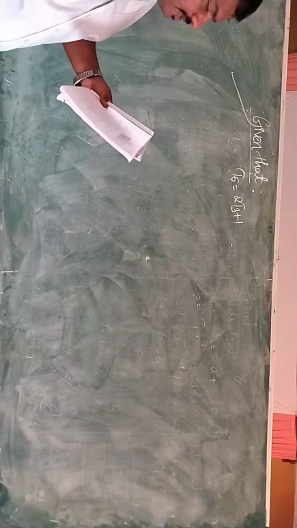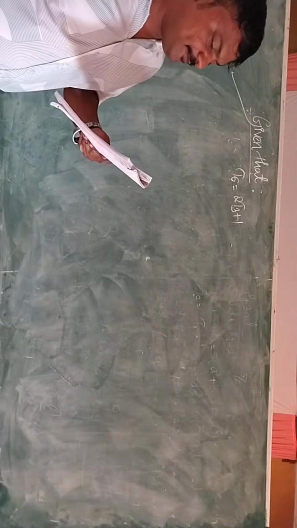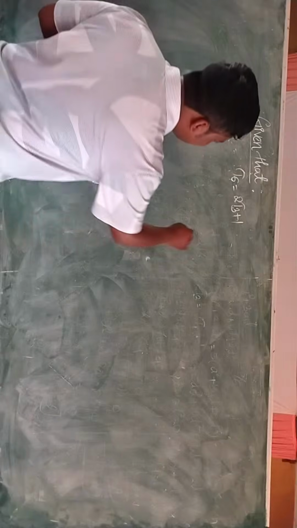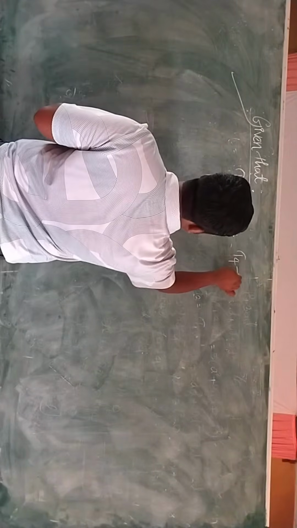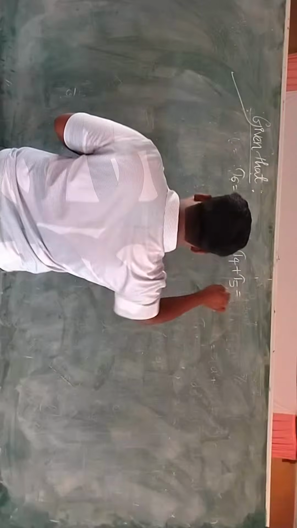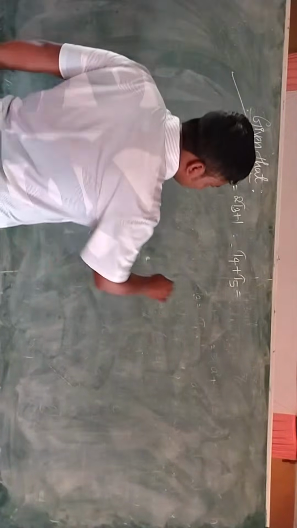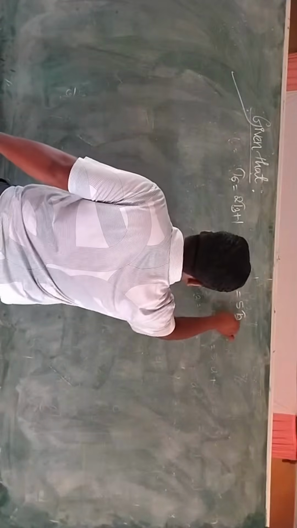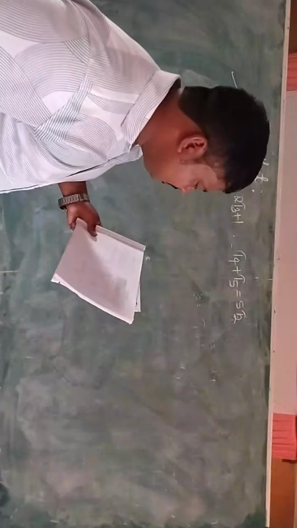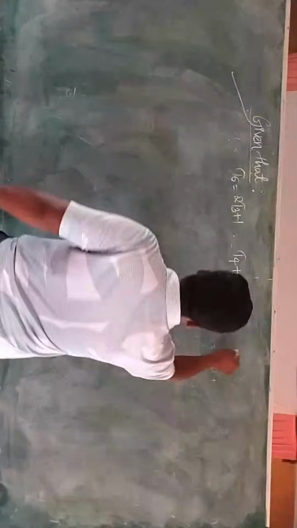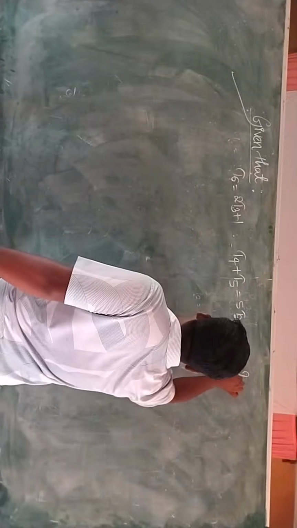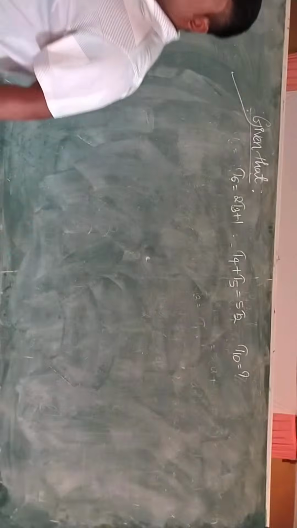The sum of the fourth and fifth terms, T4 plus T5, is 5 times the second term. Find the 10th term of the AP. So this is the question.